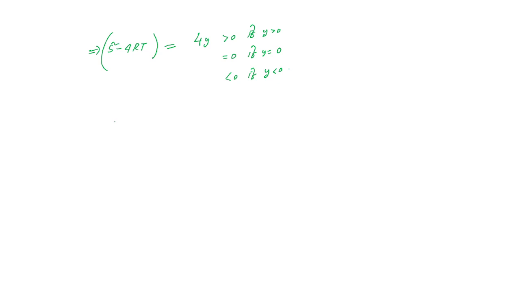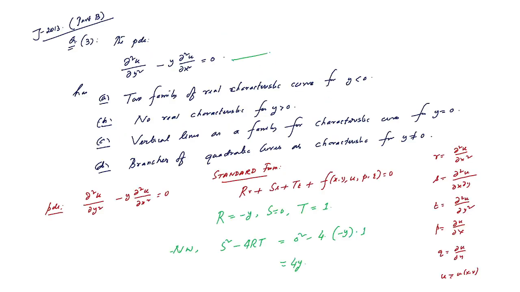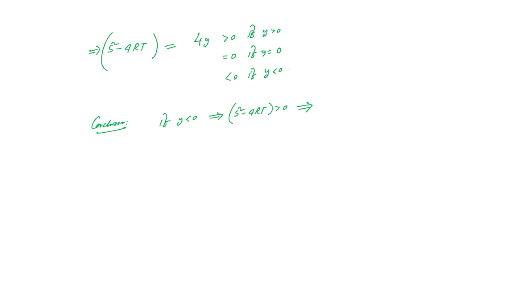So what do we conclude? What is our conclusion based on the different cases? If y is greater than 0, that implies s² − 4rt is greater than 0, and that implies equation 1, the PDE I am considering, is hyperbolic.